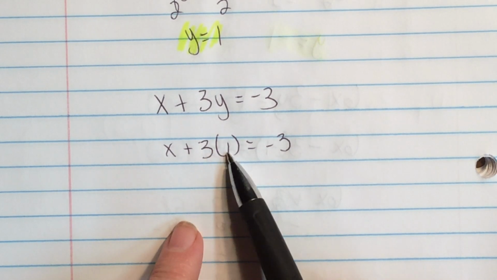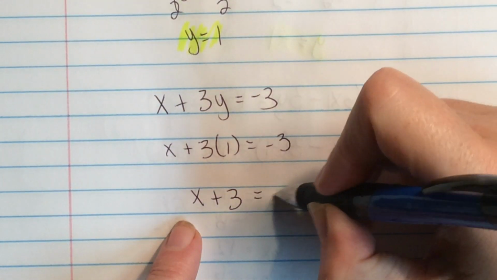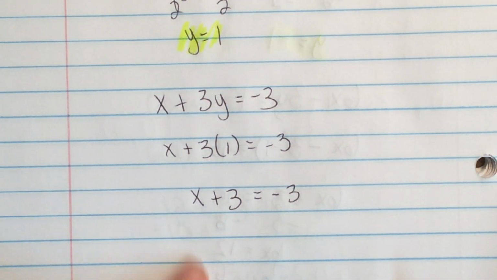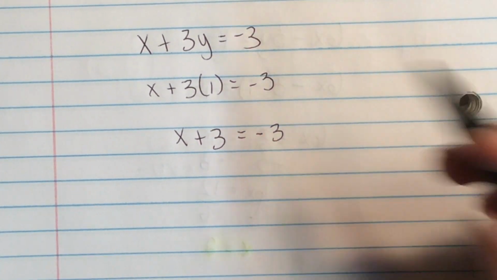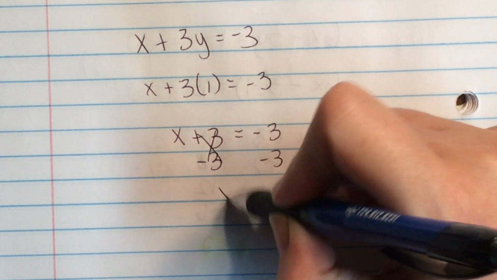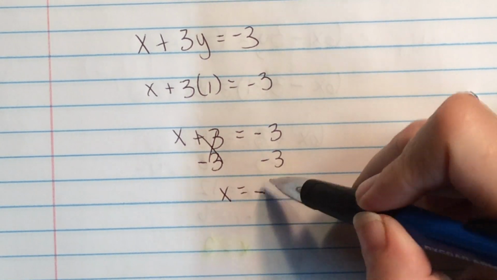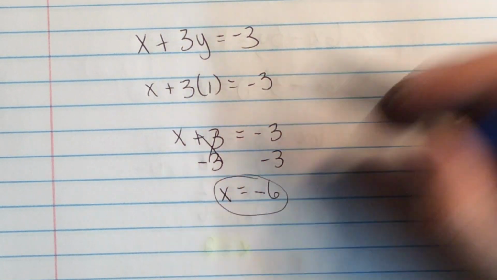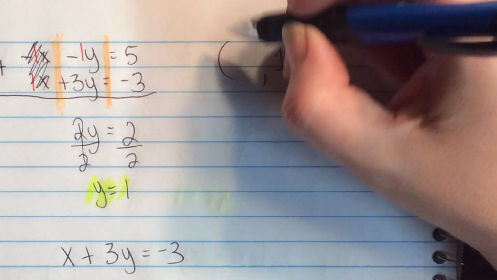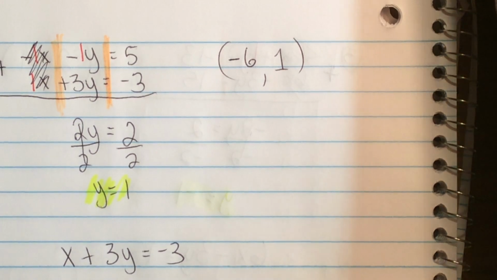And then 3 times 1 is 3, so I'm really going to get x plus 3 equals negative 3. Now I'm going to subtract 3 from both sides. And negative 3 minus 3 is negative 6. So x is negative 6, which is answer D.